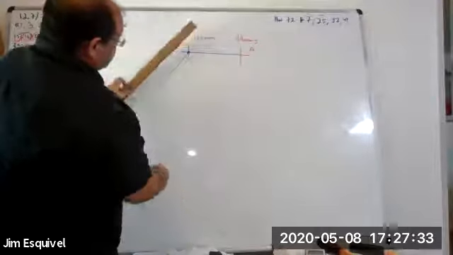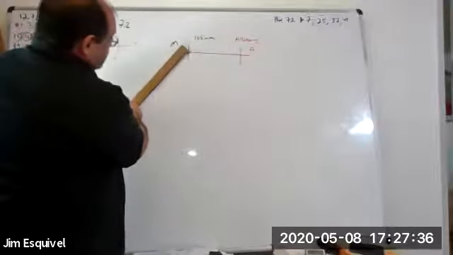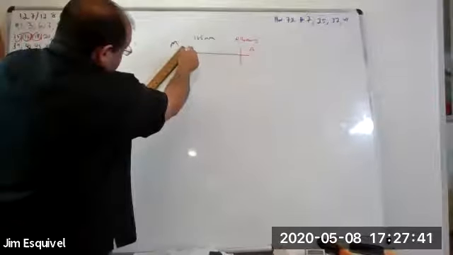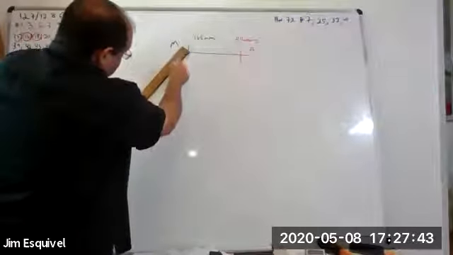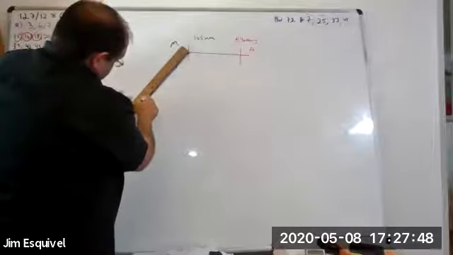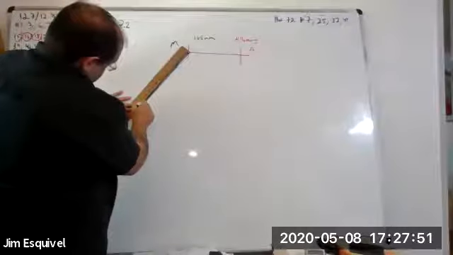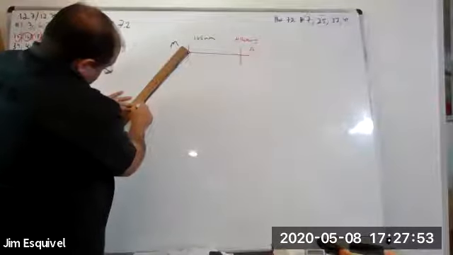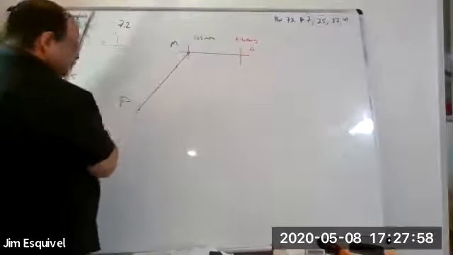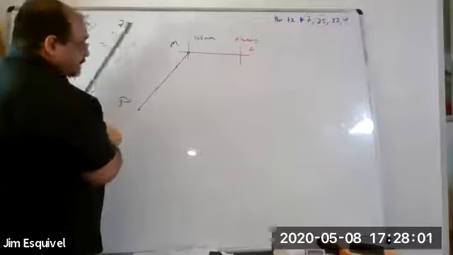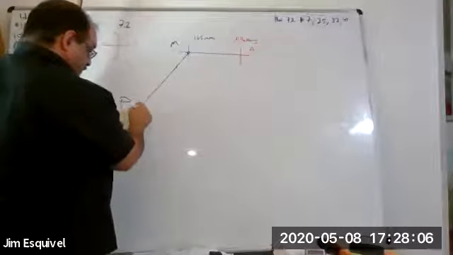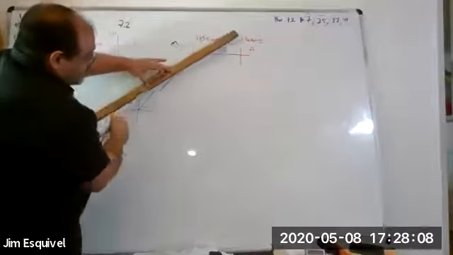So I'm going to make this one 15 inches, just to give me some perspective. So 15 inches, right there. And here's Phoenix. And then you'd have a compass heading here.